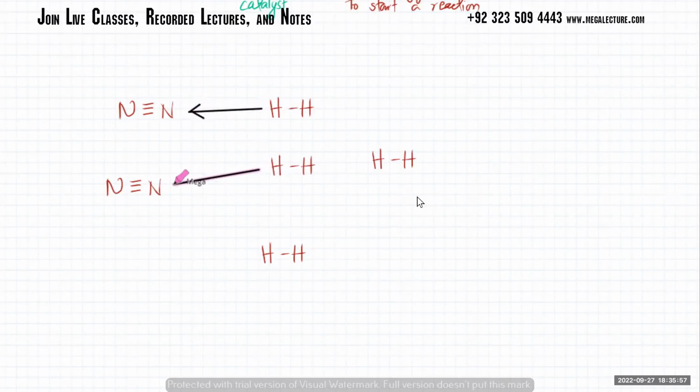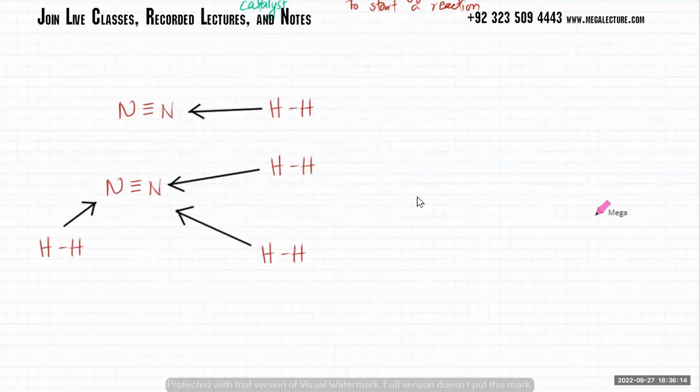This H2 molecule will also travel at a much higher speed, and they're going to bump into the N2 molecule. This H2 molecule over here will also do the same. If you increase the energy, it will also travel at a much higher speed. The purpose is that when there's a collision, the old bonds get broken and then new bonds can be formed.